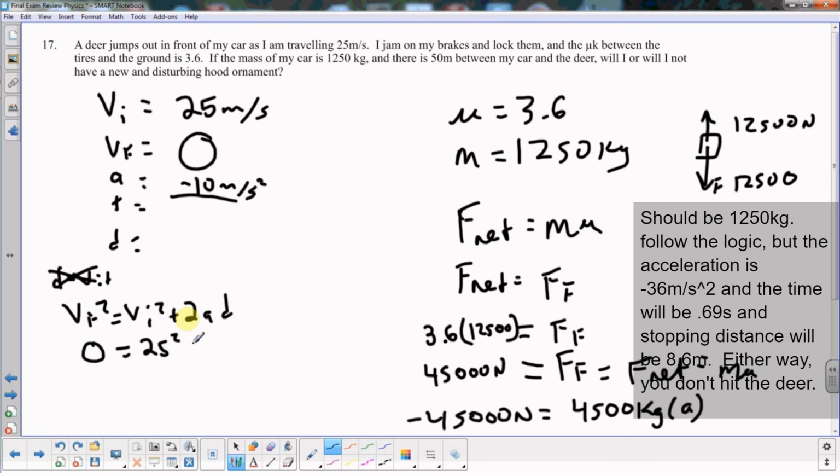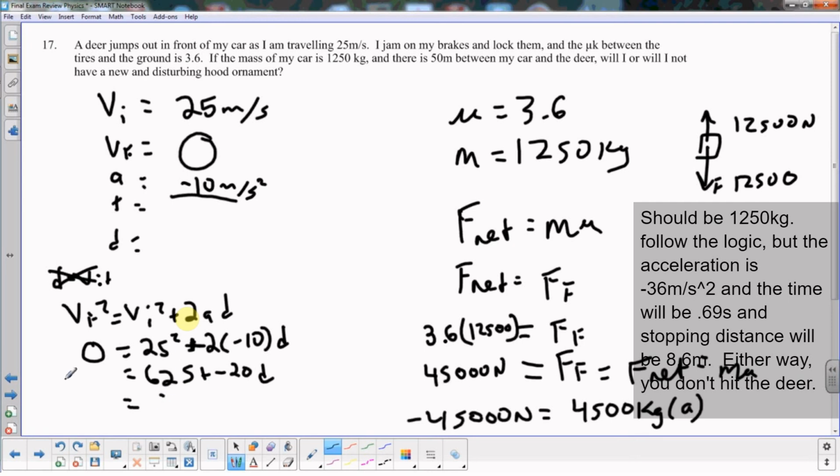How long does it take? 0 equals 25 squared plus 2 times negative 10 times D. Solve for D. That equals 625 plus negative 20 D.